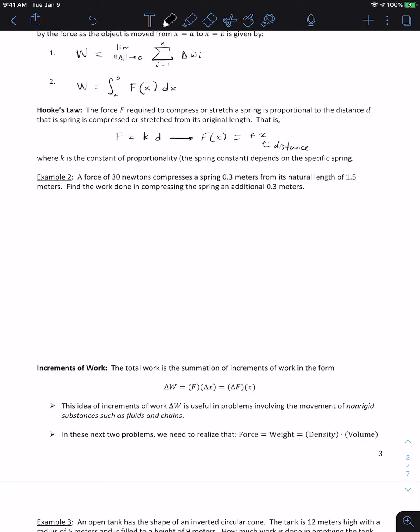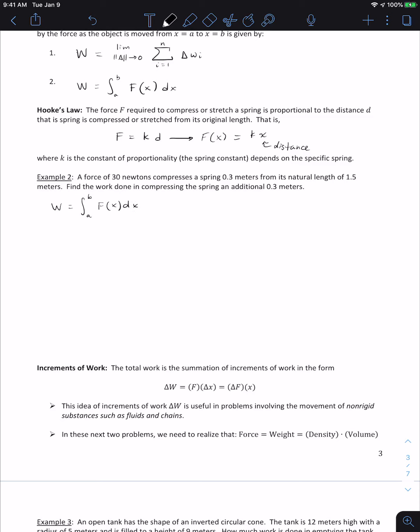Okay, so let's look at example 2. A force of 30 newtons compresses a spring 0.3 meters from its natural length of 1.5 meters, and we want to find the work done in compressing the spring an additional 0.3 meters. We know work is given by the integral from a to b of the force function.